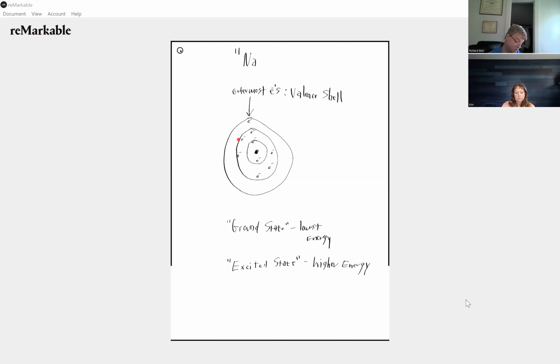All of the rest of them are inner shell electrons. When atoms interact, the inner shell electrons do nothing but support. They basically give the support for the valence shell electrons, for the outermost electrons.